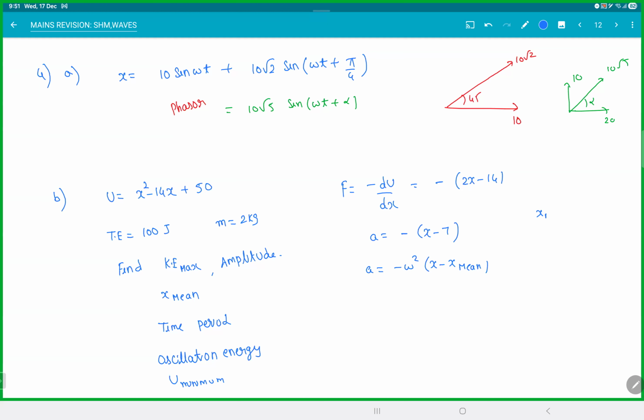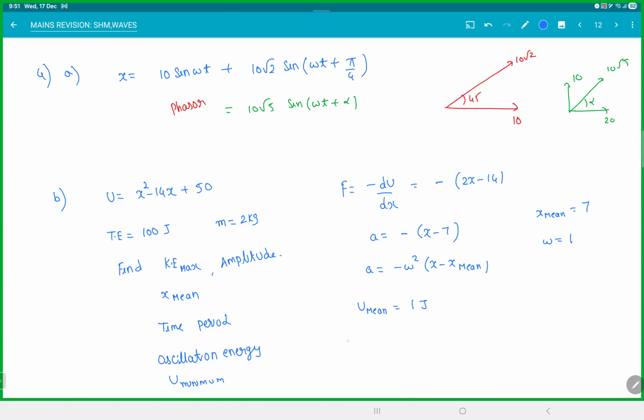There, so x mean is 7, omega is 1. Total energy is 100. Okay, x mean is 7. So what does u mean? U mean will be 7 square, 49, 50. That is 1 joule. U mean is 1 joule.